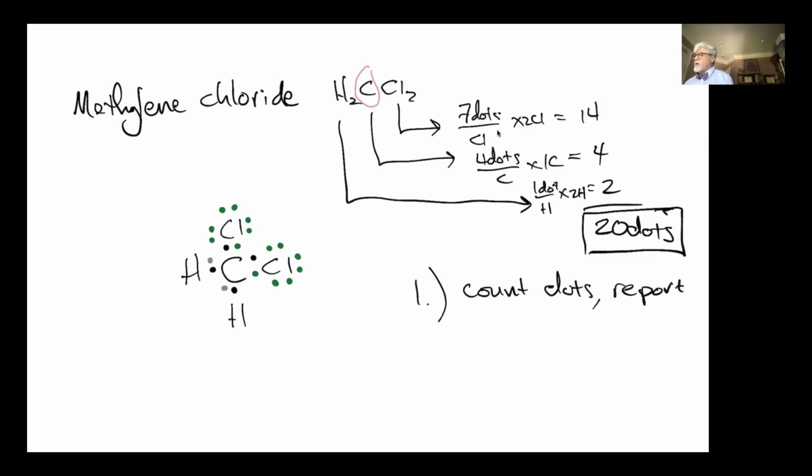That's step 1, always. Step 2, assign the central atom as the one that makes the most bonds. That is always the case. Our central atom is the one that makes the greatest number of bonds.